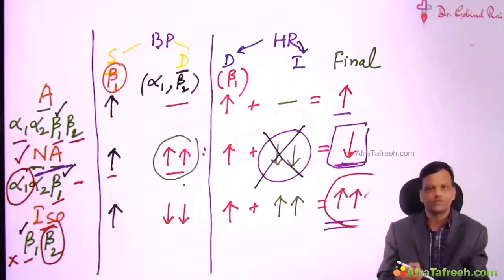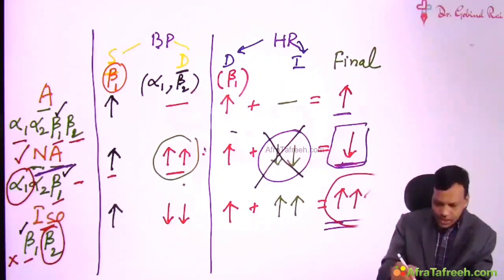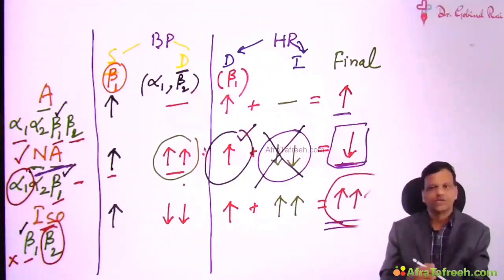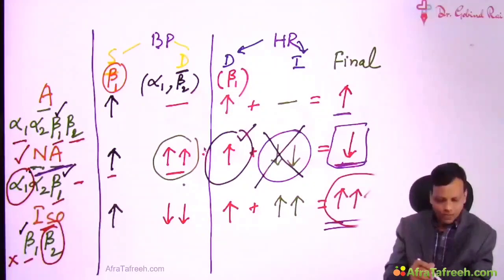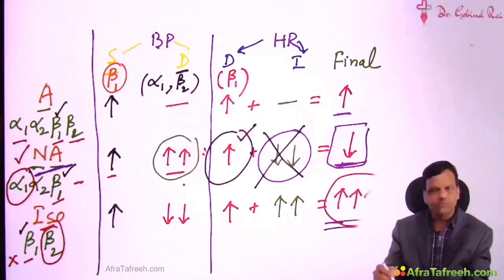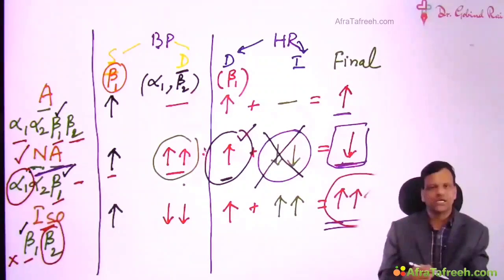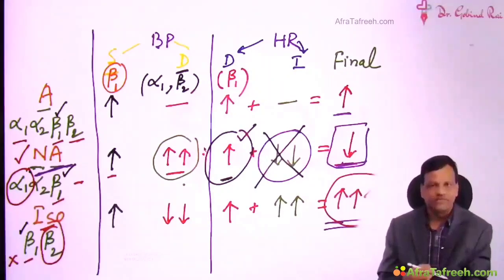Only direct action comes. So when only direct action comes, the effect of noradrenaline will be to cause tachycardia. So this is important to remember. In a normal person, noradrenaline causes bradycardia, but in a patient with heart transplantation, noradrenaline causes tachycardia. The reason is simple. In a transplanted patient, indirect effect does not manifest.